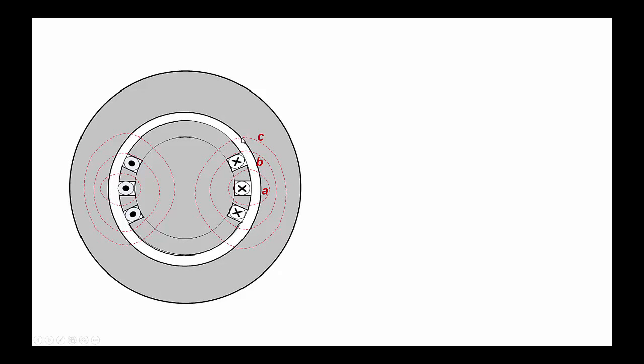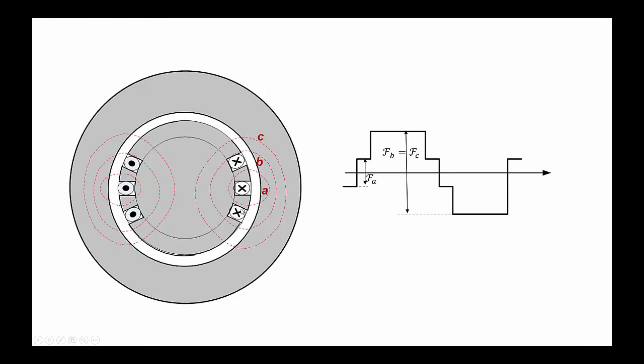B and C enclose 1, 2, 3. If you look around, all the current enclosed by B and C is 3. So you end up with a distribution of the magnetomotive force: FA is 1/3 of FB and FC. You end up with a stepped waveform like this one.